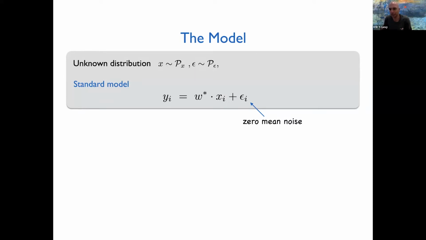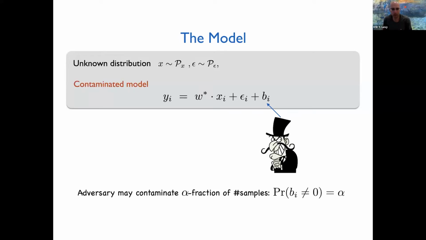So this is the standard model, but actually we're going to discuss a more complex model in which an adversary is allowed to contaminate an alpha fraction of the samples, right? And this contamination is in the form of an additive perturbation that he adds to the labels, and we denote this perturbation here by b_i.